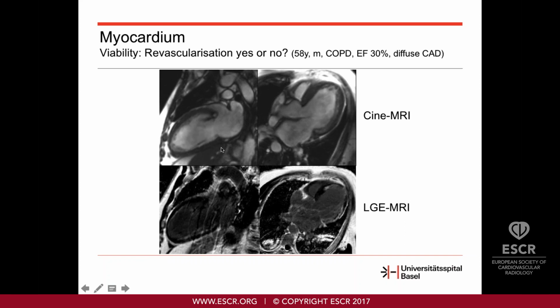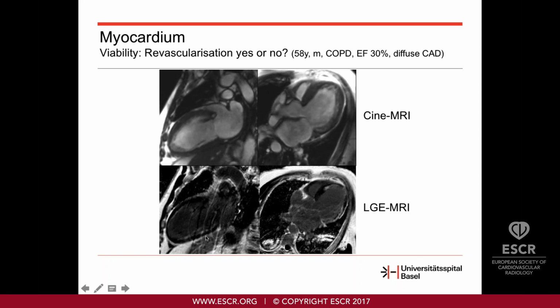So if we want to revascularize this patient, bypass surgery would be the way to go. However, since the patient has chronic obstructive pulmonary disease, this operation would be associated with an increased risk of surgery-associated complications, so the cardiac surgeon really wants to make sure that this patient can potentially benefit from bypass surgery.